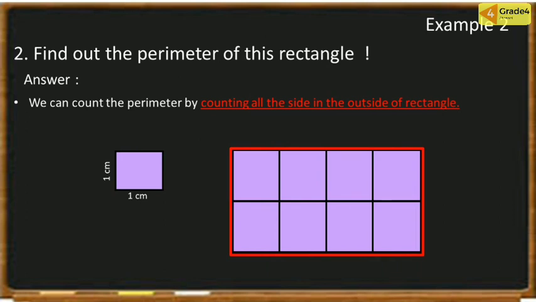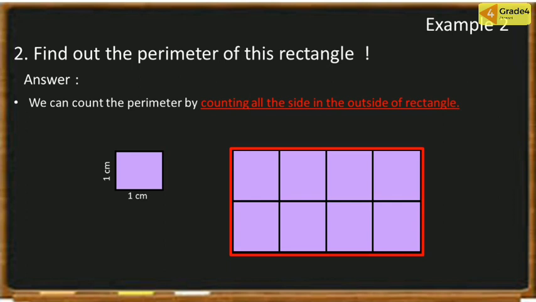This is the rectangle with square units. 1 square unit is 1 centimeter for the side. From this picture, we know the length consists of 4 square units, so the length is 4 centimeters. And then, we know the width consists of 2 square units, so the width is 2 centimeters.